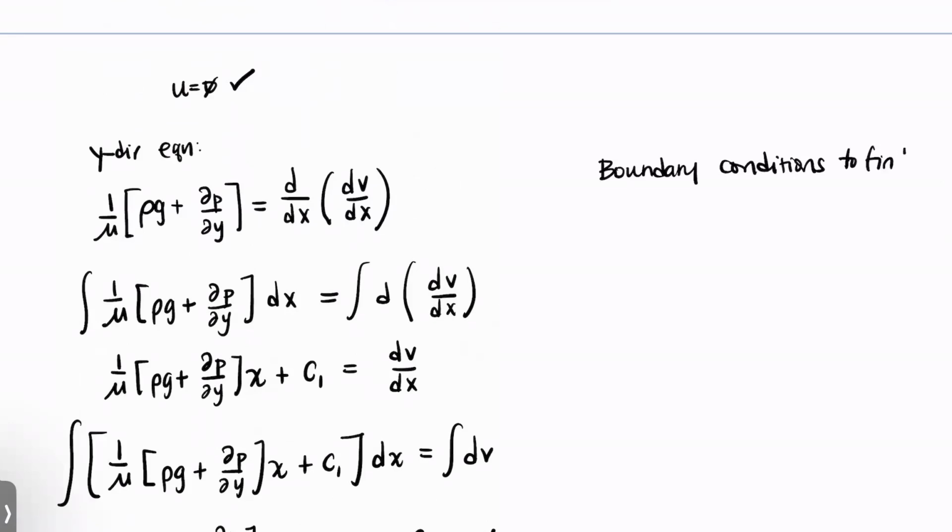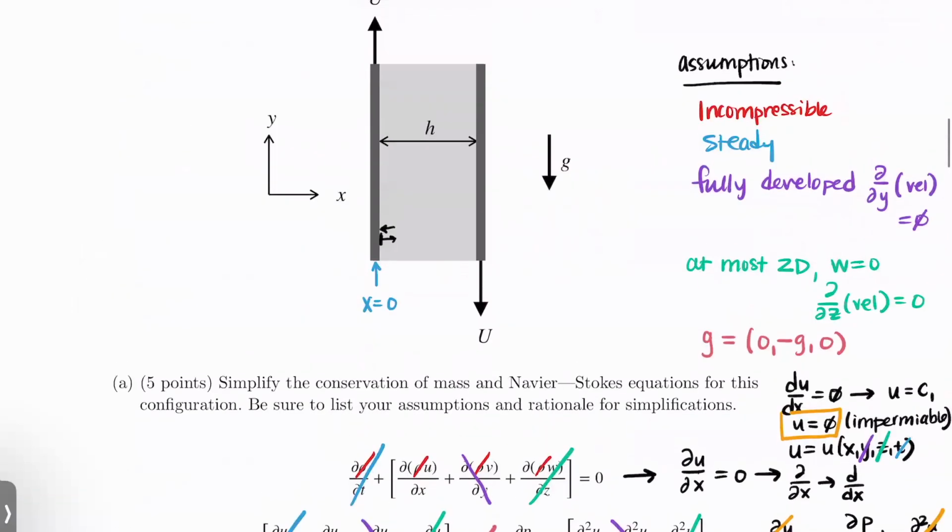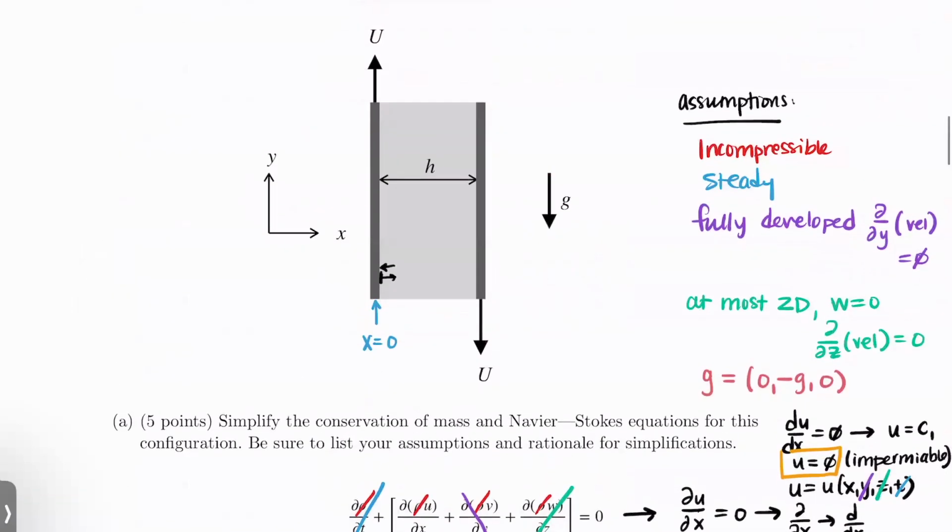To find C1 and C2, we need two of them. So we're going to look at what's happening at the walls. Our no-slip condition tells us that the velocity of the fluid has to be the same as the velocity of the solid surface where it's touching.